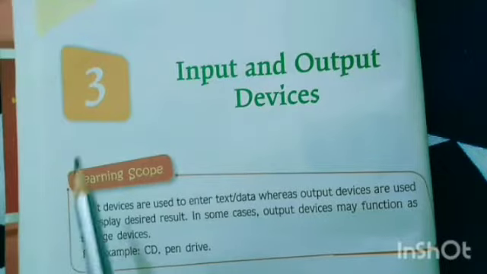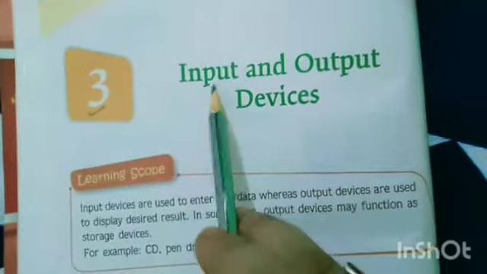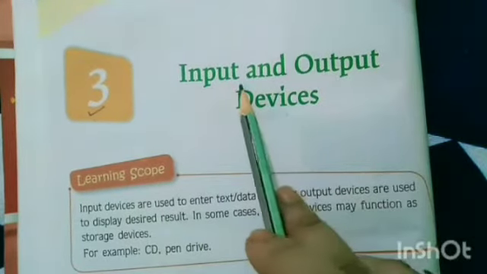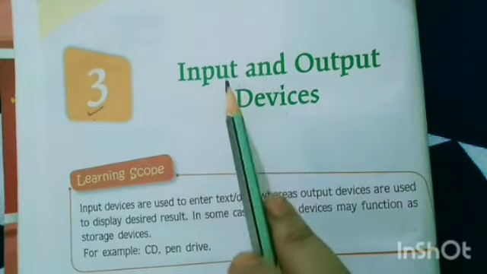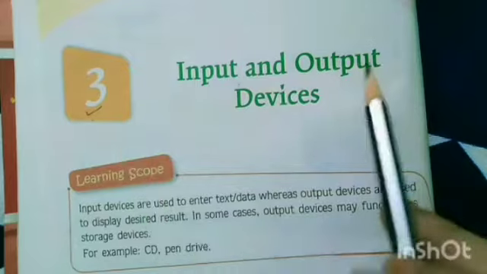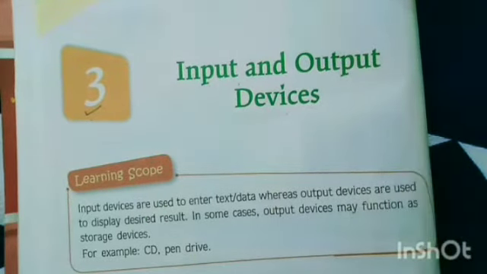Now children, in our previous video, we discussed our chapter number 3, that is Input and Output Devices, in which we studied that input devices are devices which help us to enter the data into the computer. Output devices are devices which help us to display the result of the computer.